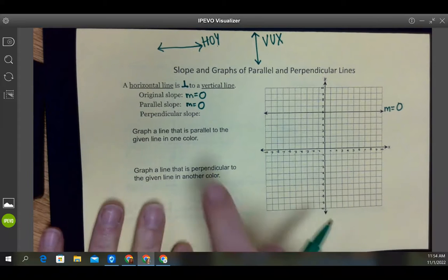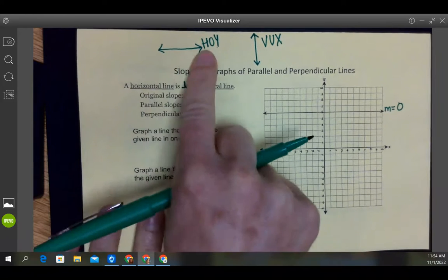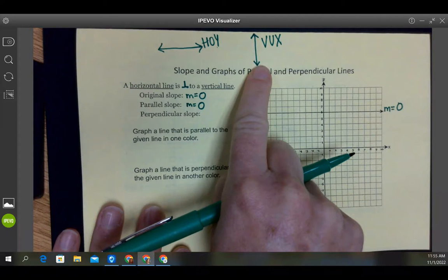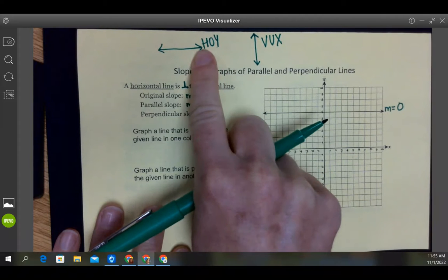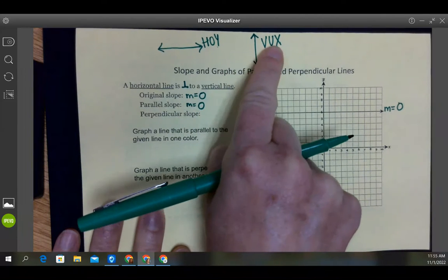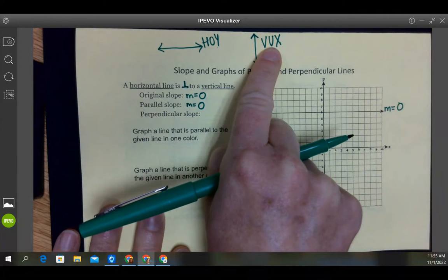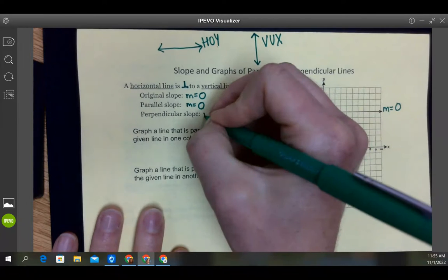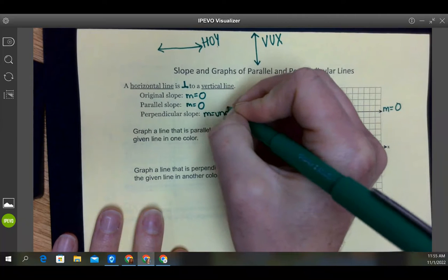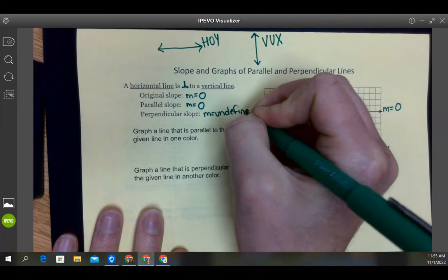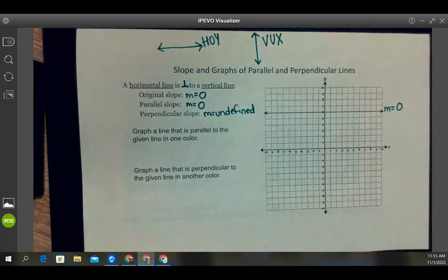But then think about a perpendicular line. So remember how I said horizontal and vertical are perpendicular to each other? Horizontal has a slope of 0. A vertical has a slope of, that middle letter is a U, which means it's undefined. So an undefined slope and a 0 slope are opposites of each other. Flip change.